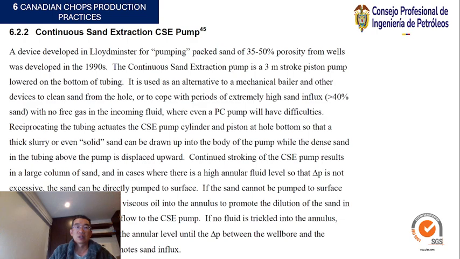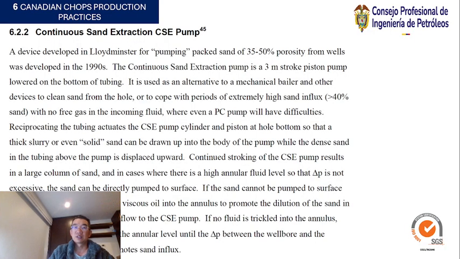6.2.2 Continuous sand extraction CSE pump. The device developed for pumping packed sand of 35 to 50% porosity from wells was developed in the 1990s. The continuous sand extraction pump is a 3-meter stroke piston pump lowered on the bottom of tubing.